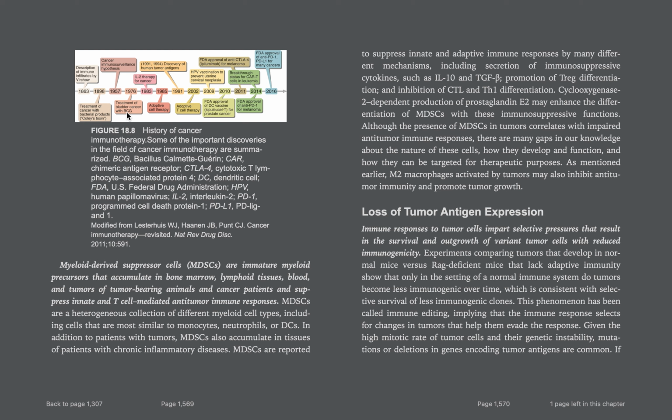Interleukin-2 therapy for cancer, 1983. 1991-1994, discovery of human tumor antigens. 2002, adoptive T cell therapy. HPV vaccination to prevent uterine cervical cancer, 2009. 2010, FDA approval of dendritic cell vaccine Sipuleucel-T for prostate cancer.